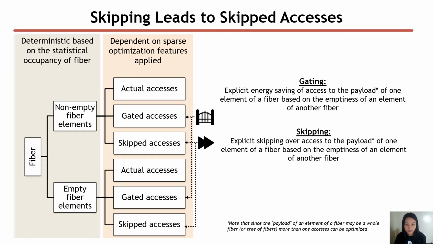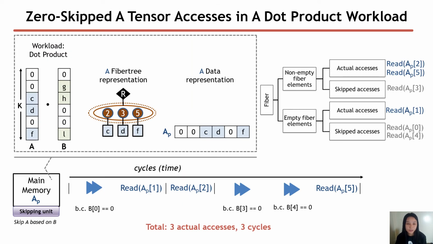So let's look at an example as well. Again, it's the same workload. It's a dot product of A and B, and instead of gating, now we're applying skipping to this main memory block. Let's see what happens.